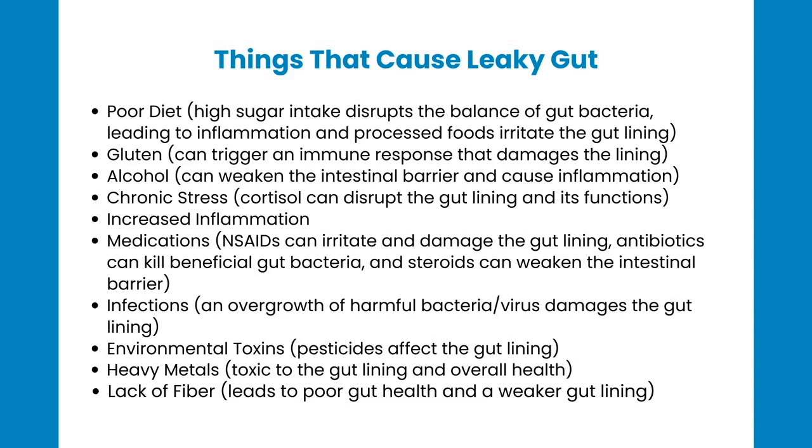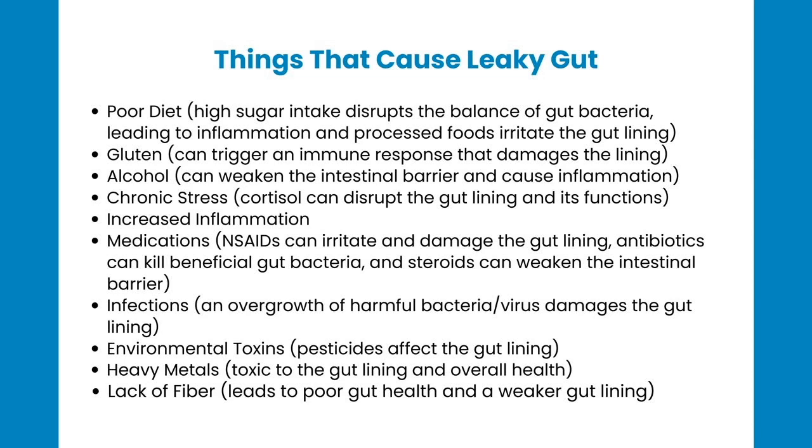Gluten, the protein in wheat, in bread, in processed food, anything that has flour in it that has gluten, that's going to trigger an immune response for a lot of people that damages the gut lining and causes this leaky gut. Alcohol can weaken the intestinal barrier and cause inflammation.